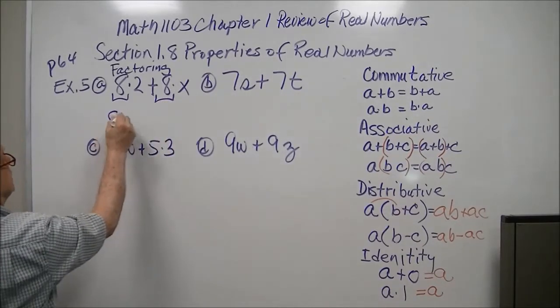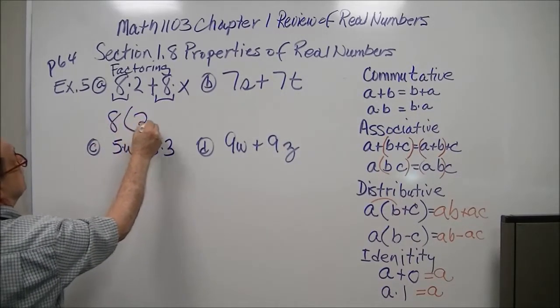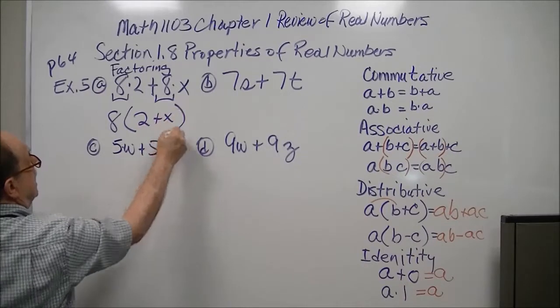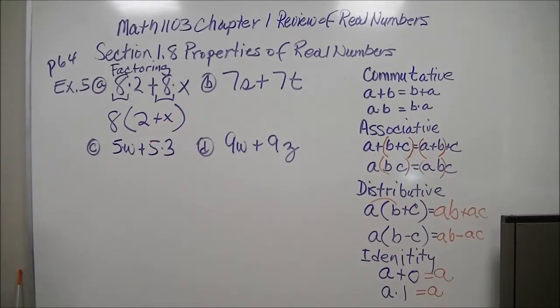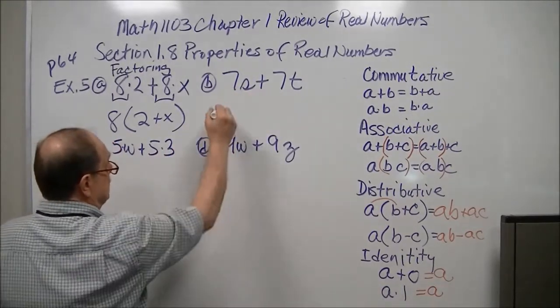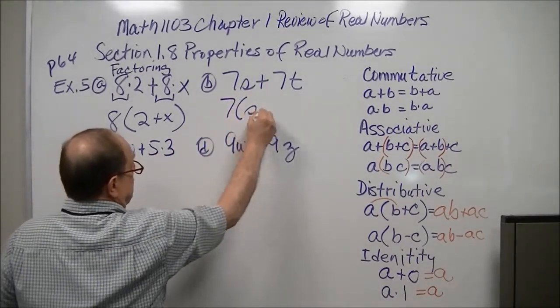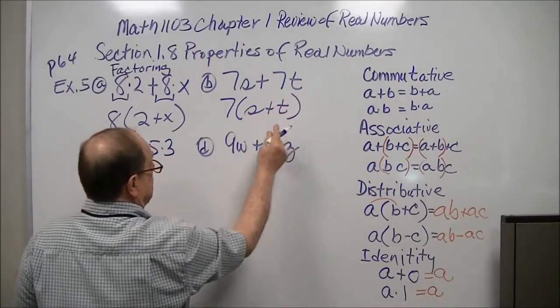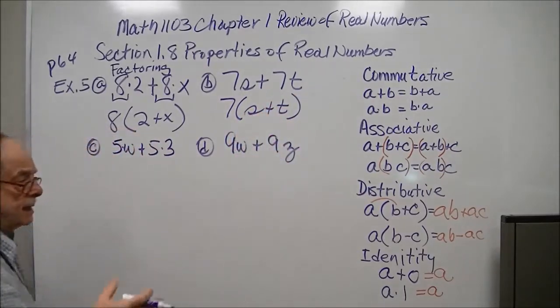So we factor out the 8 and we get 2 plus x. And here we see again a common factor of 7. Now we'll be using that technique in chapter 2.